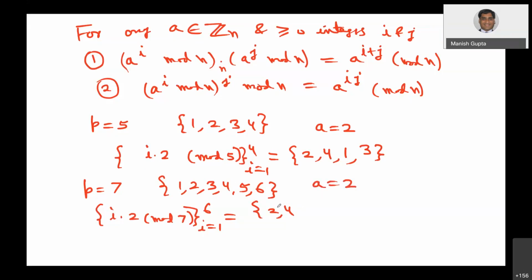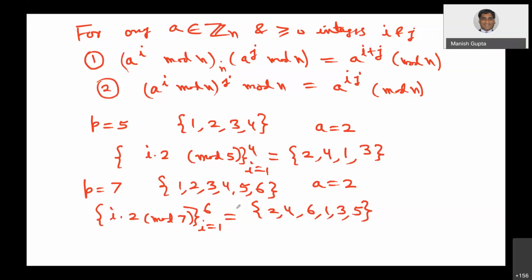So we get 2, 4, 6, 1, 3, 5. We are getting all the numbers permuted. Got it? I can do it with any number. I can take a equal to 3 and I will get the same thing, just a permutation of the numbers.